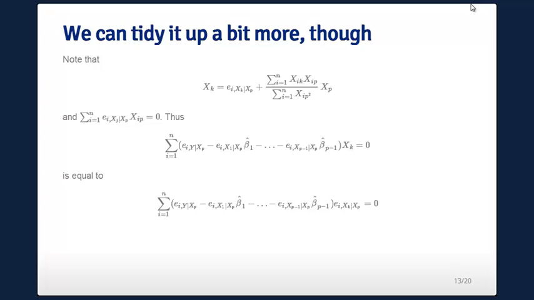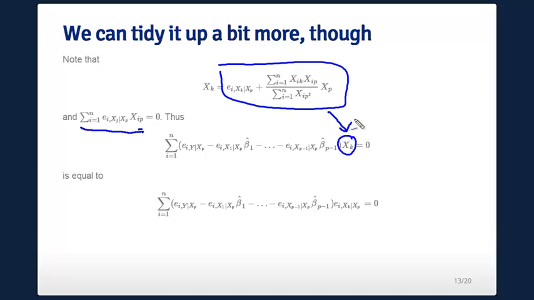And a fact that we've used often is that the sum of the residuals times the regressor is 0. So combine these two facts. What we could do is for x_k here, we could replace it with this expression right there. And then this part is constant, and then this x_p part varies.